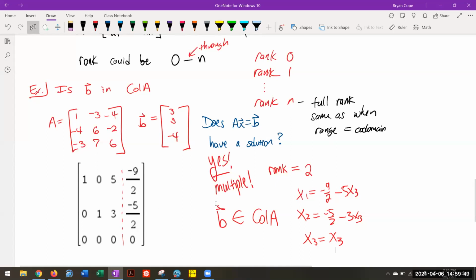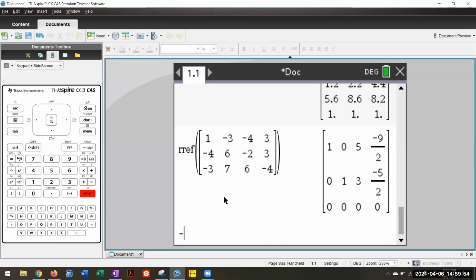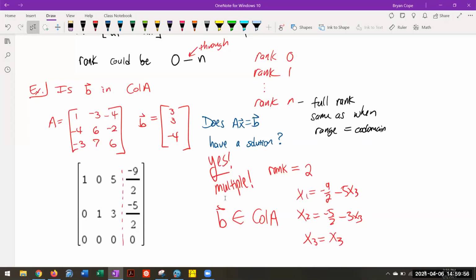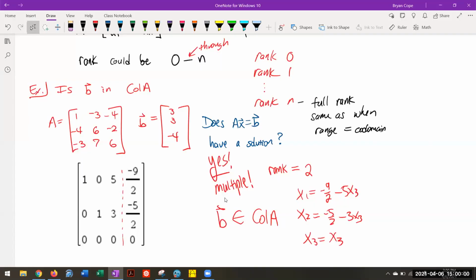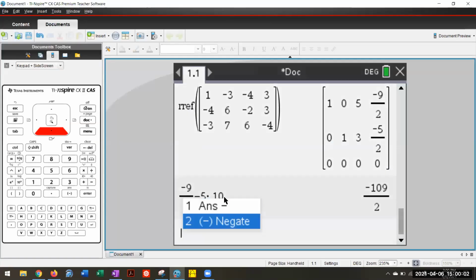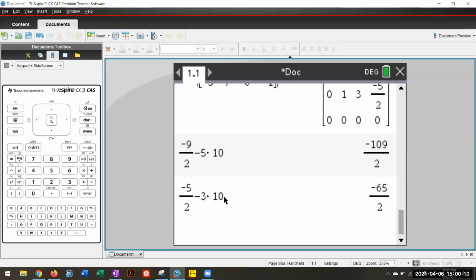Let's pick 10 for X3. -9/2 minus 5 times 10. There's the first value we're going to use. Then -5/2 minus 3 times 10. There's the second value. And then we're going to use 10 for X3.